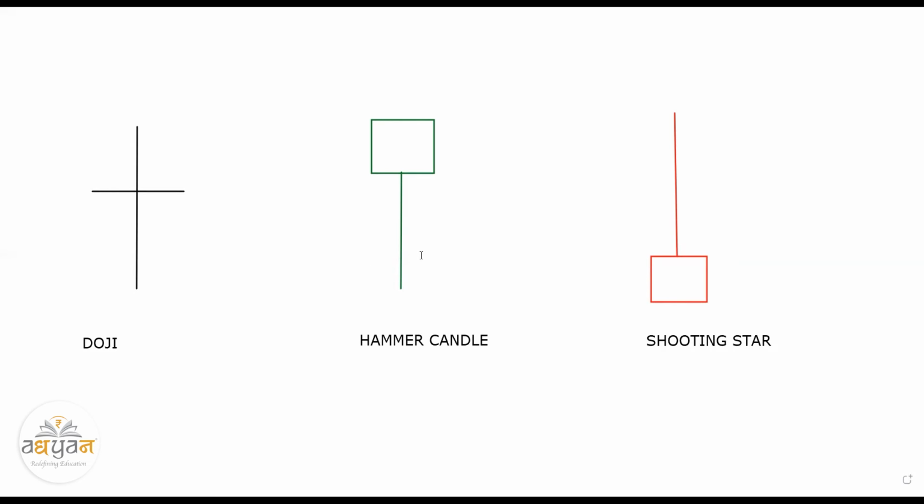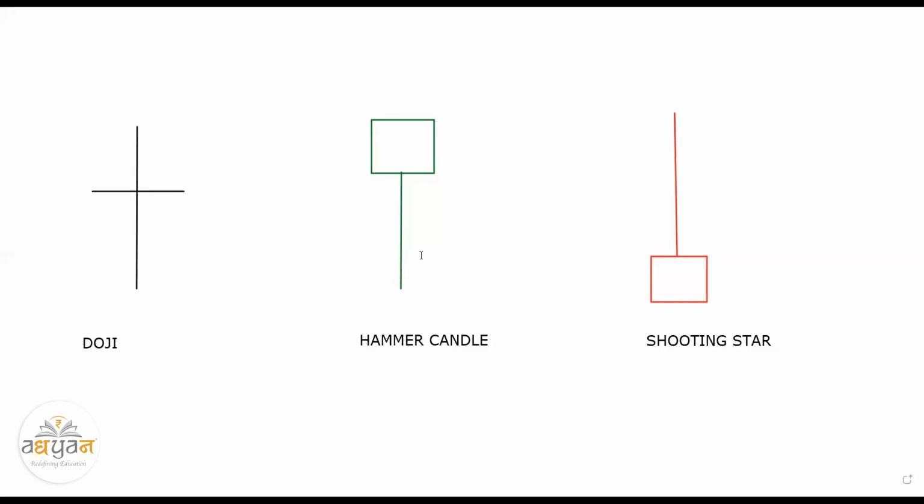The second one is a hammer candle, which is a positive candle. If at all this kind of candle you observe at a strong support, it can give you a very good confirmation that the price is moving up. So the trend is going to be a positive trend, which is an uptrend.